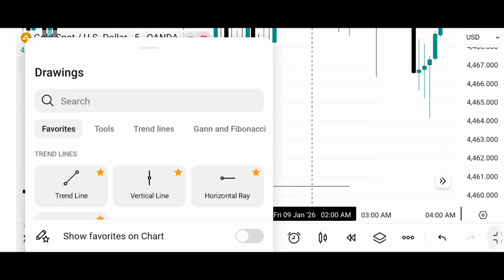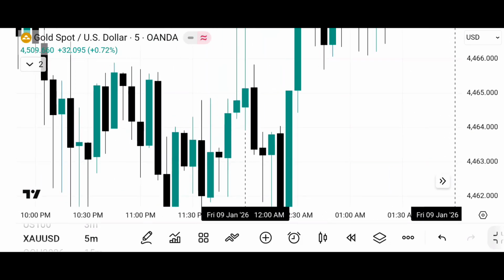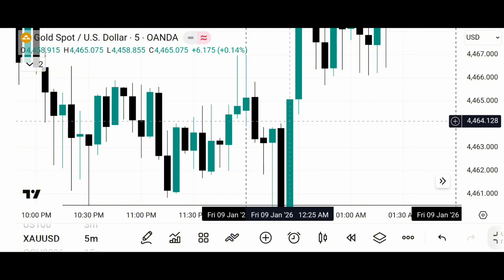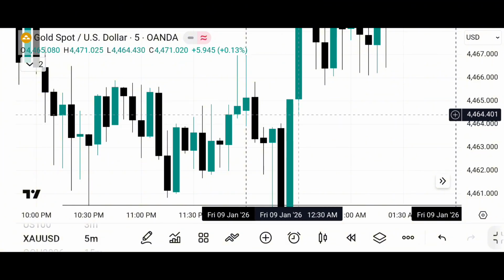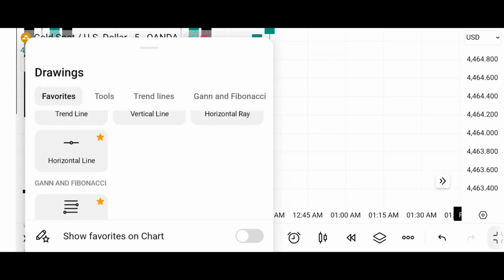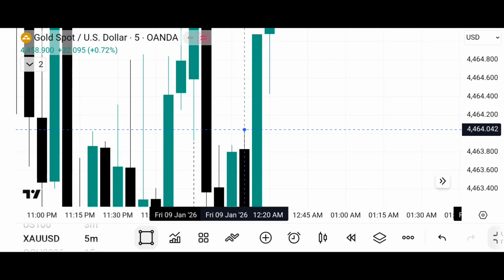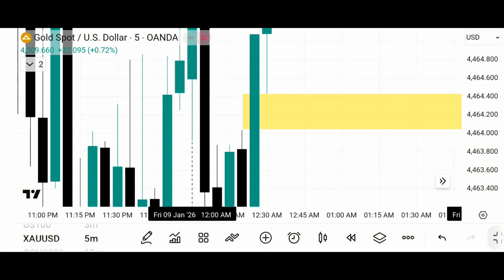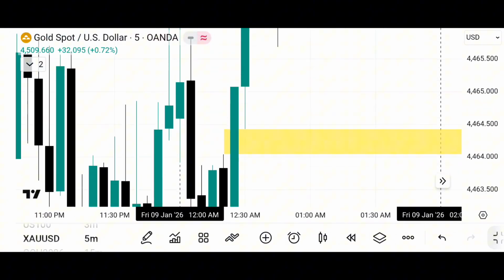This is a 5 minute time frame actually. So this is the fair value gap. You see the high of this candle, 12:20 a.m., and the low of this candle, 12:30 a.m. So that's our fair value gap. Let me add the midpoint to it.